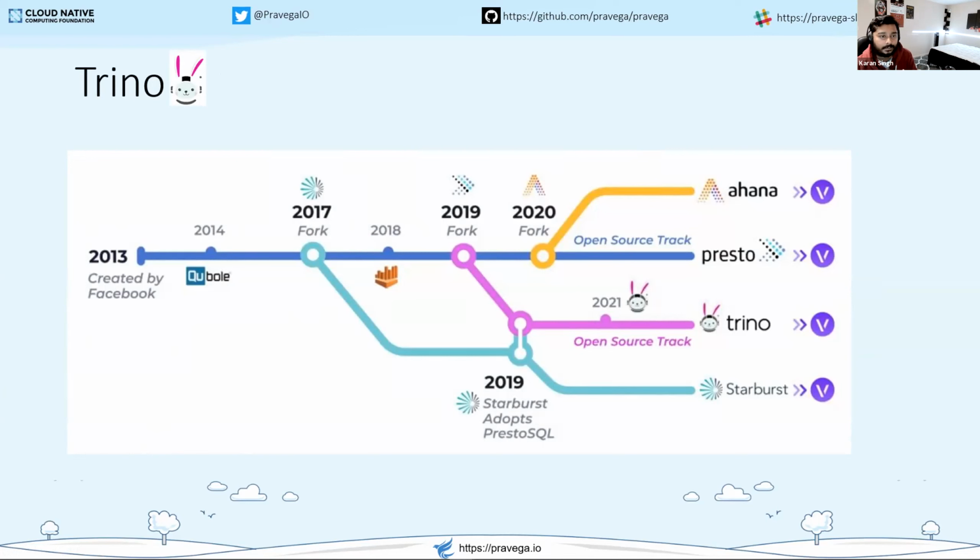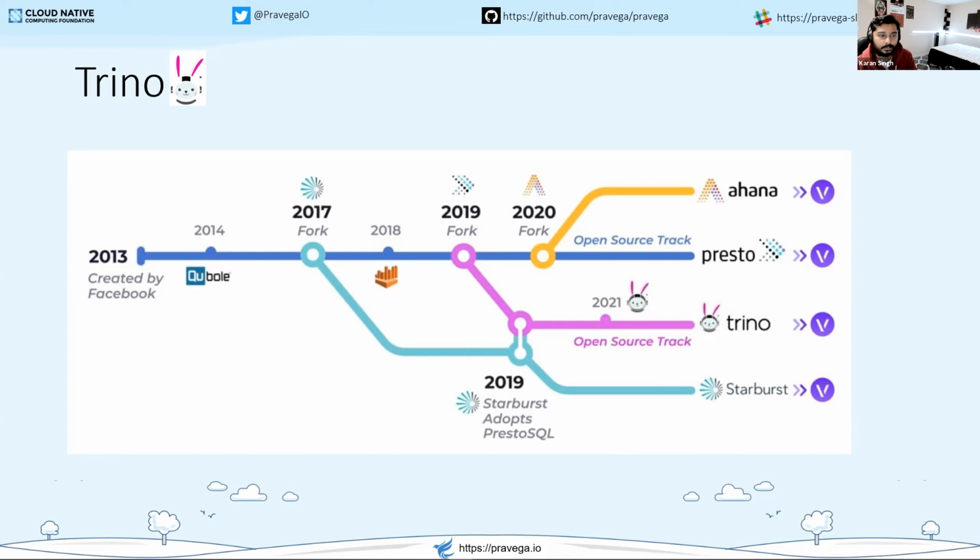The main reason this effort was started was that Facebook was unable to query close to 300 petabytes of data using Hive, and they thought that Hive was pretty slow compared to the response time they were expecting for this data. That's where this effort started, and we now have two different flavors, Presto and Trino.